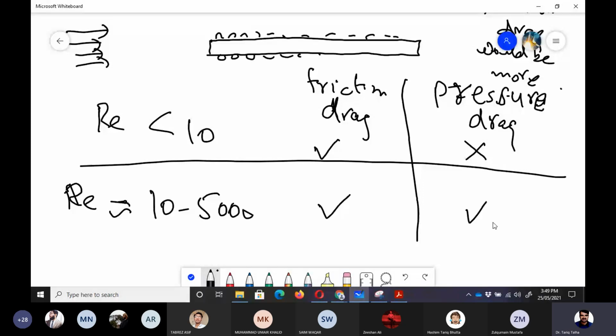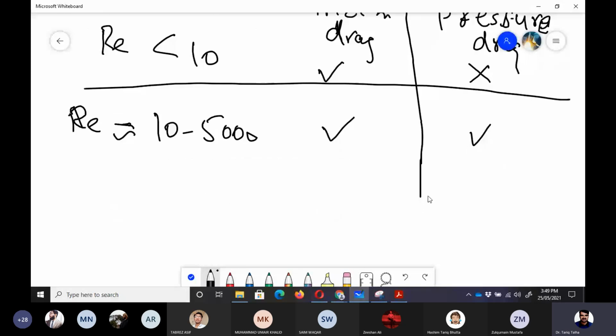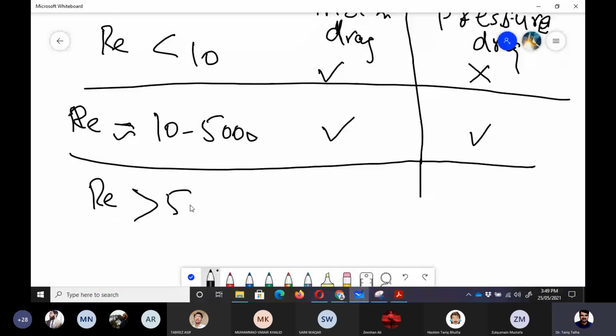It means that both play a part. But when we have a Reynolds number more than 5,000, then friction drag would be a very minor component of the total drag, and 95% of the drag would be due to pressure drag. So it means that at higher velocity, we are more concerned about pressure drag in blunt bodies.